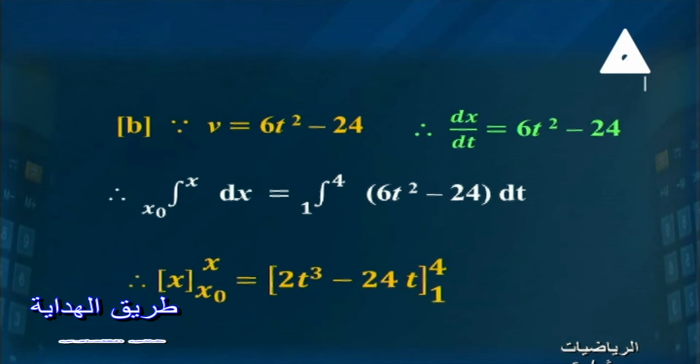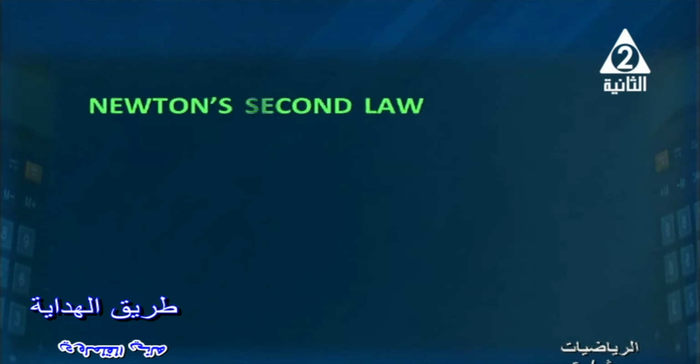The integral of the left-hand side is x from x naught to x, and the integral of 6t squared minus 24 with respect to time t is 2t cubed minus 24t from 1 to 4. The left-hand side is x minus x naught, and the right-hand side is 54 meters. Then s equals 54 meters.